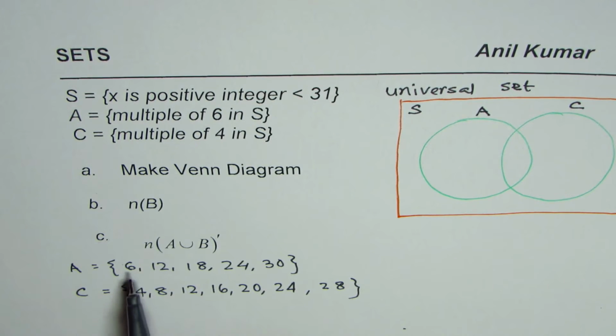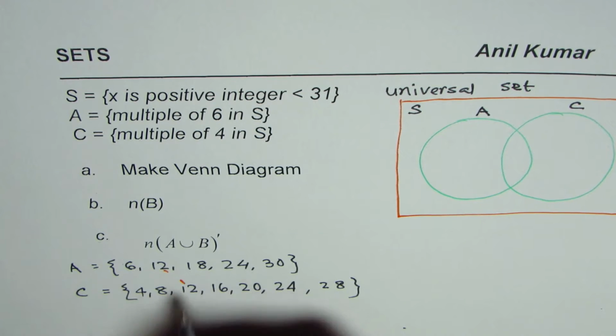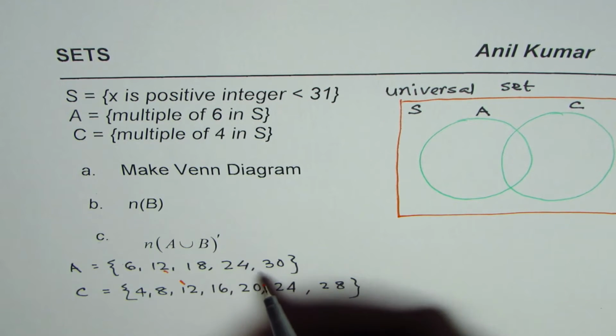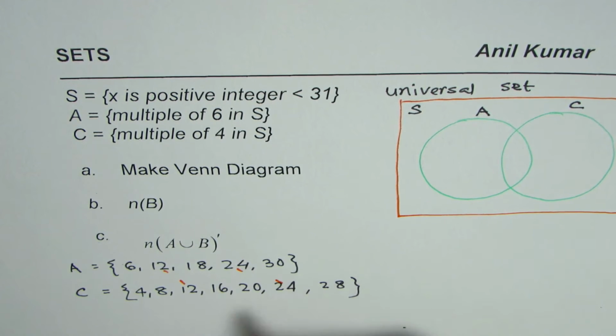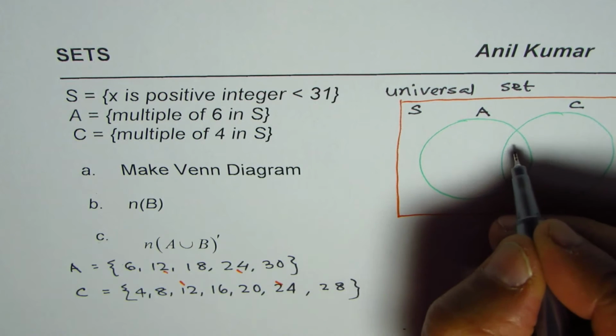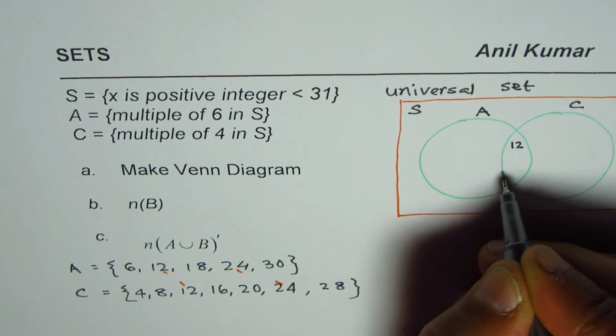That means what is common between A and C. So let's figure that out. Between the multiples of 4 and 6, we have 12 and then 24. So these are the common ones, so we can write them first. So we have 12 and 24.